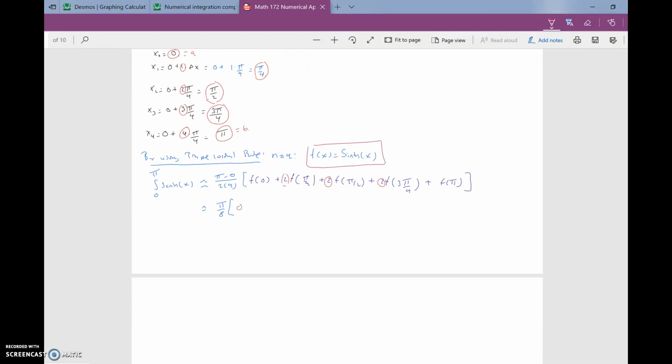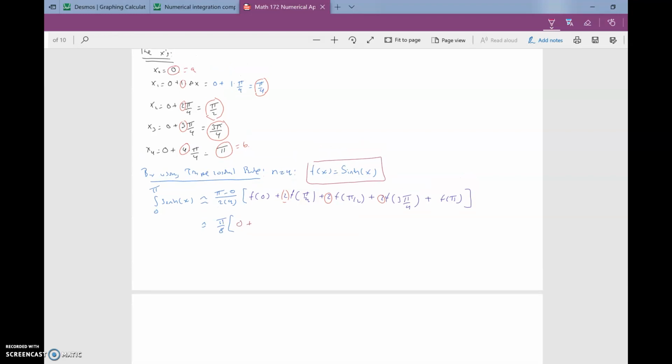So it's going to be just 0 plus, and the next one is going to be 2 times the sinh of pi over 4. And I'm just going to keep 4 decimal places, 1.7373.